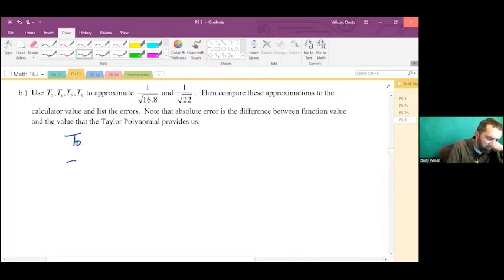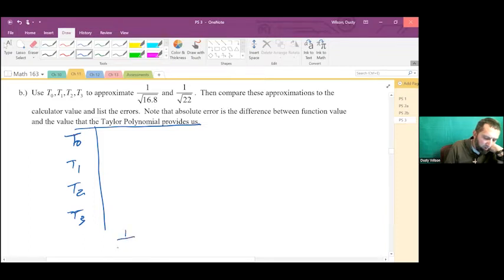All right, so we want to look at T naught, T1, T2, and T3. And we want to ask what happens when we look at 1 over the square root of 16.8.